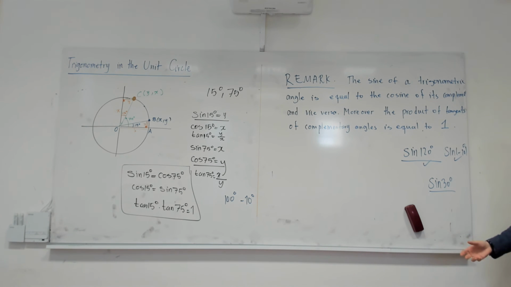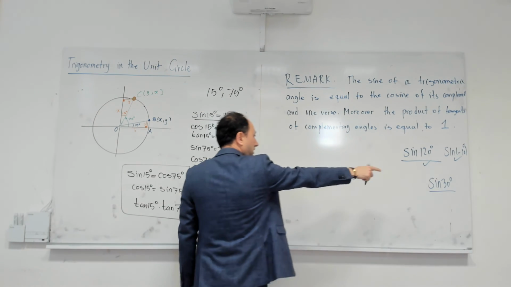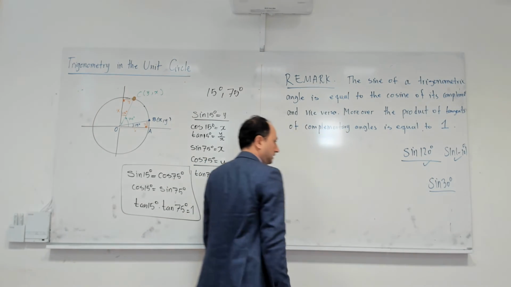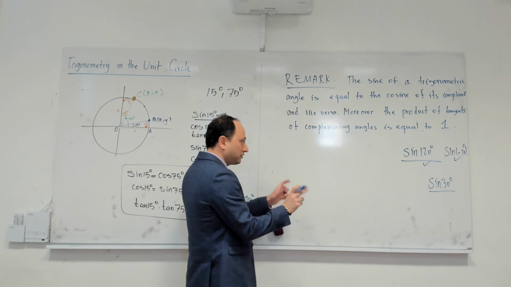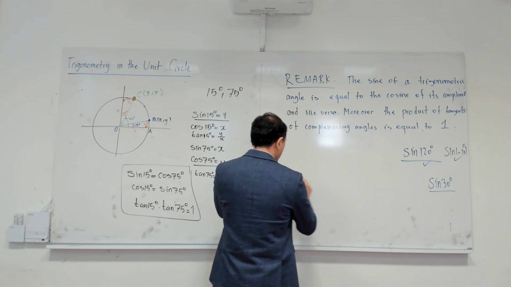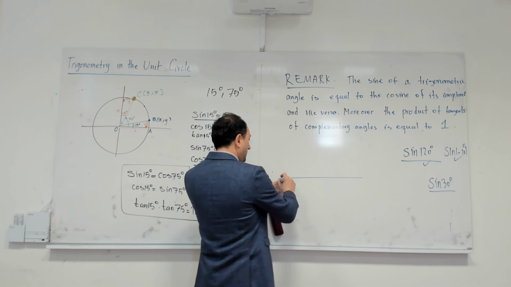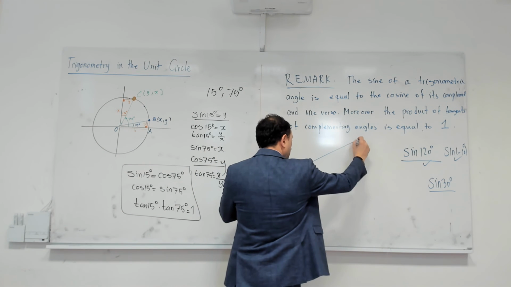What is the guarantee? Let me just make it clear. I ask you to calculate sine of 30 degrees. Assume that for the time being you have measuring tools. So you put your ruler here, draw a straight line, and then you take your protractor and find a 30 degrees angle.